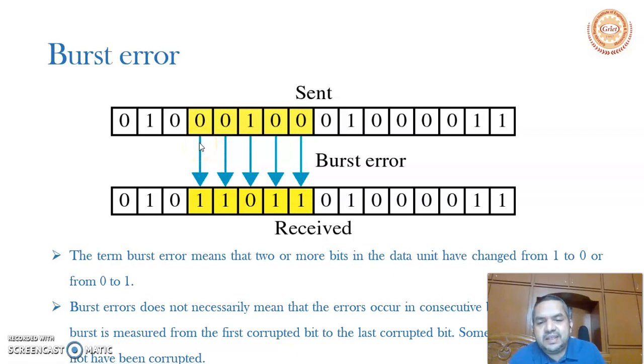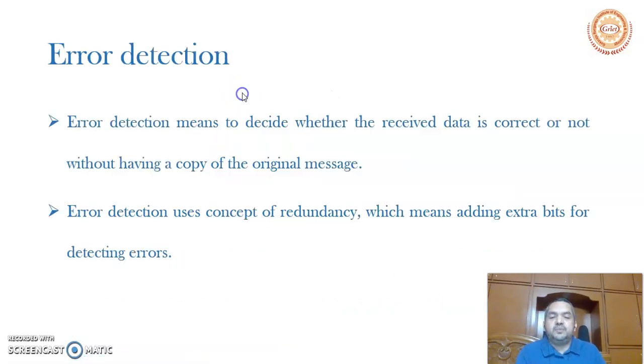Some bits may be changed, some bits may not be changed, and that can also be called a burst error. But normally we won't deal with burst errors. There is a chance of 1 bit or 2 bit errors. Having such errors is very rare, and detection may be possible, but correcting such errors may not be possible.